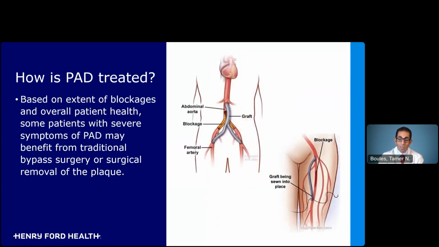There are sometimes more extensive surgeries that are required for patients that have very complex, longer blockages where stents are ineffective or unsuccessful. And we still offer these surgeries. And yes, you're in the hospital for several days after the surgery.